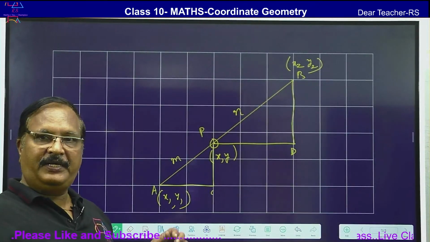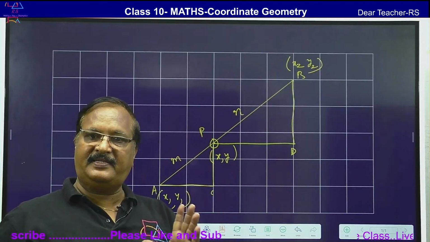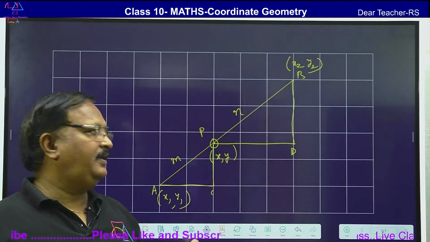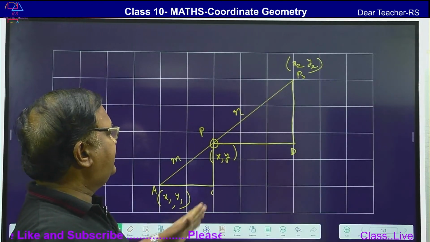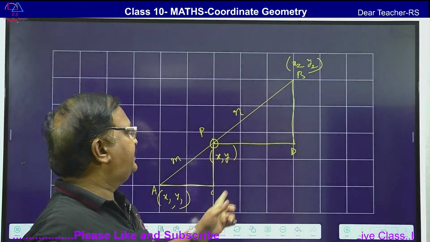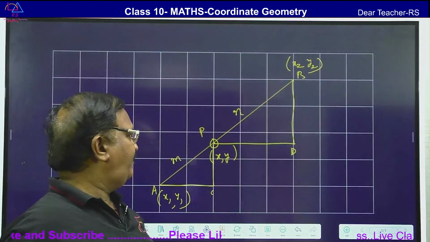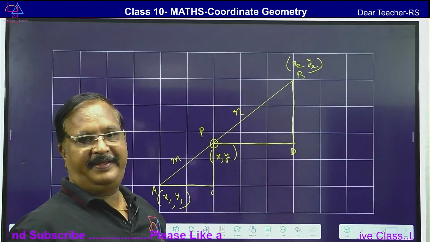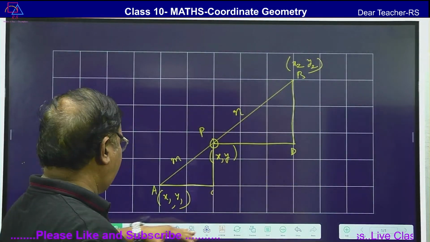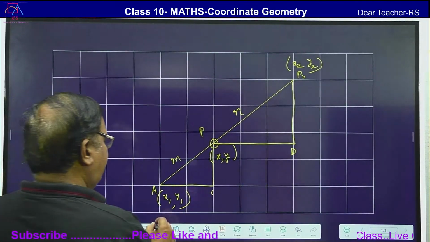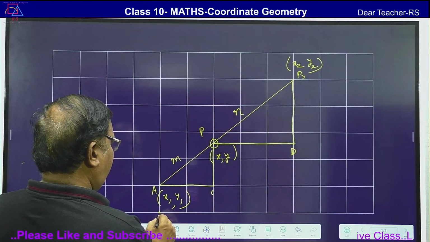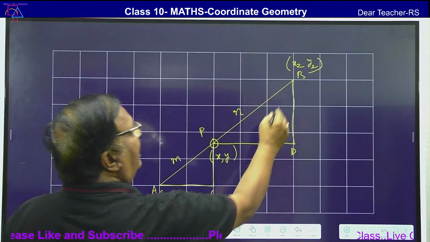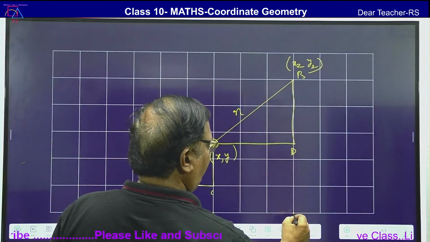Because we know the vertical distances and the horizontal distances, right? The vertical distances are the heights PC and BD, and we know the horizontal distances AC and PD from the x-axis and y-axis. Say this is x1, this is x, and this is x2.